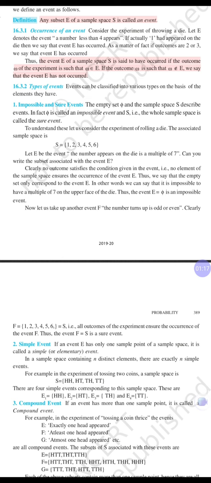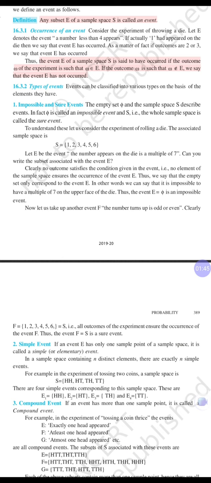Also in compound events, if we throw three coins, we can have a sample space, and out of it we can have multiple events, like it is written E equal to HTT, THT, TTH and so on. So any subset of sample space is known as an event.